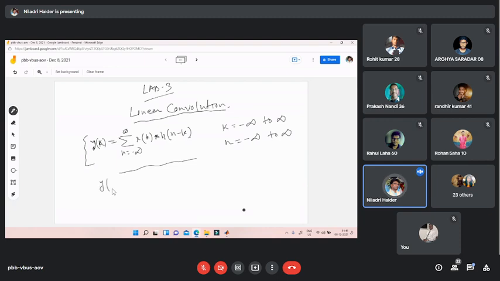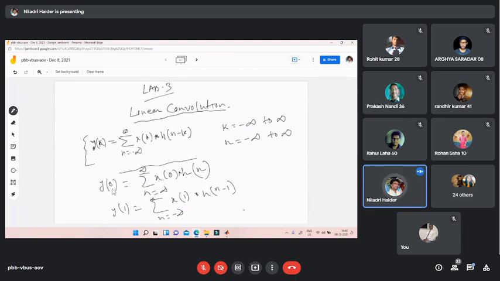So simply y0 will be the summation n equal to minus infinity to infinity x0 h n, or y1 equal to the summation n equal to minus infinity to infinity x1 h n minus 1, in that way.